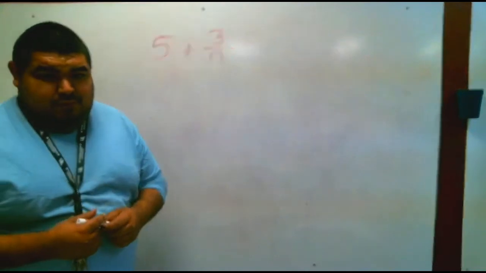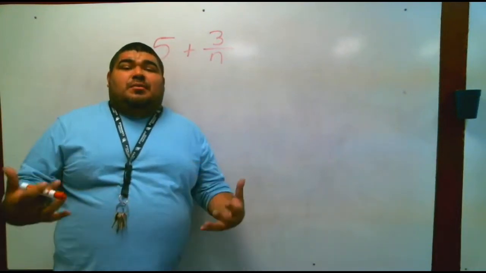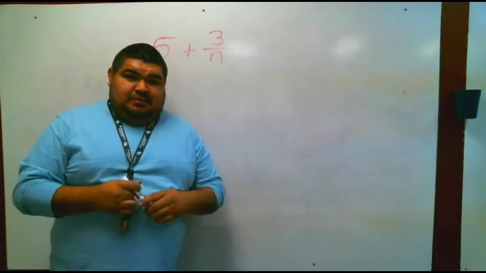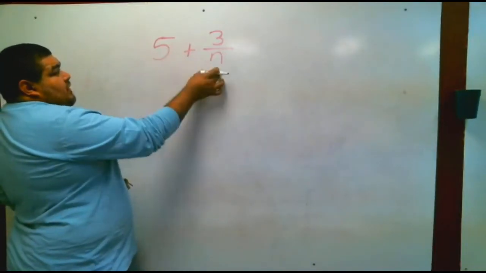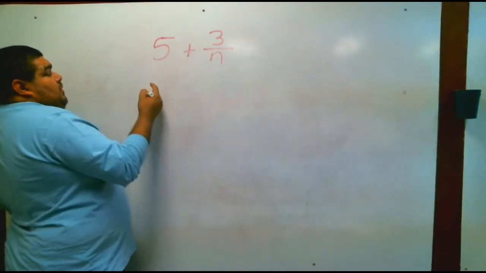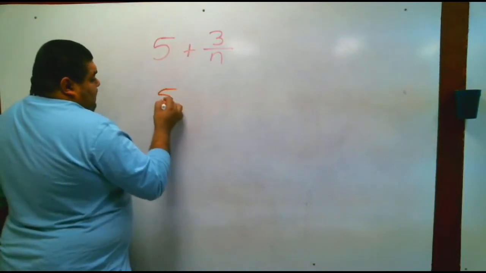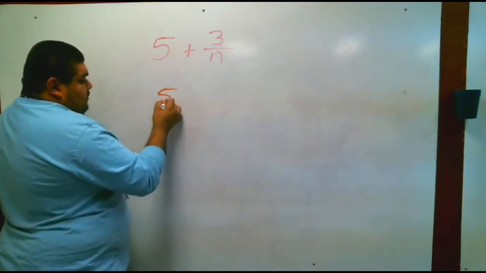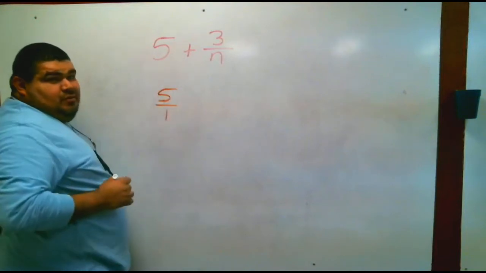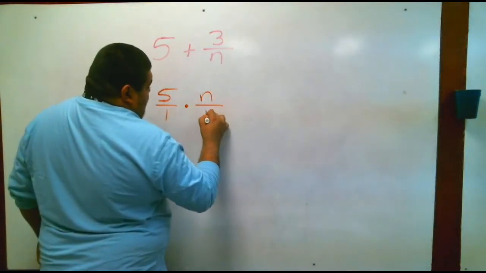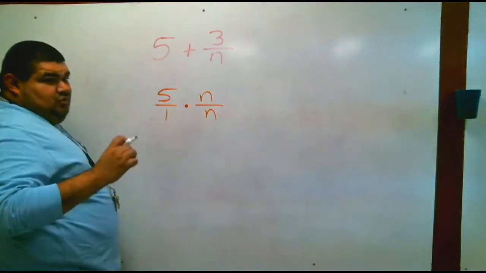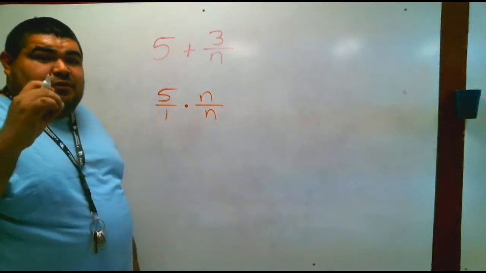All you have to do, the rule is, remember, you're finding the same denominator. In order to do that, you need an n on the bottom. So we're going to multiply 5 over 1, because remember, under a whole number there's a 1, times n over n, because whatever you do to one side, you have to do to the other.